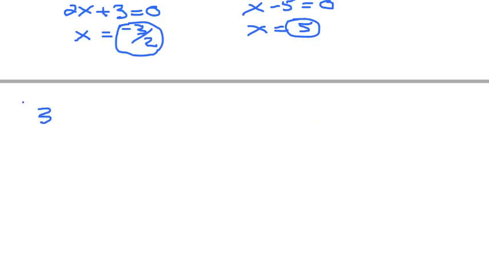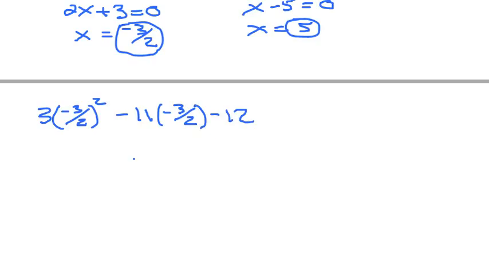So I'm not going to rewrite the radical because that doesn't really matter. Alright, negative 3 halves squared minus 11 times negative 3 halves minus 12. Okay, and then of course we've got to do the other side, don't we?